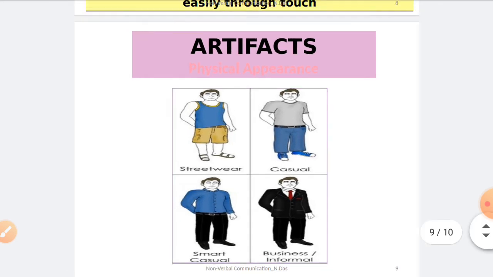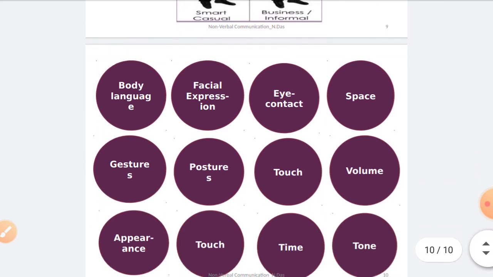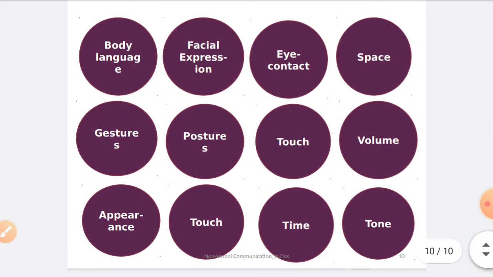So we have seen in this presentation that there are different types or kinds of non-verbal communication. That is, we can communicate without using words through different ways: use of gestures, postures, eye contact, touch, space, time.